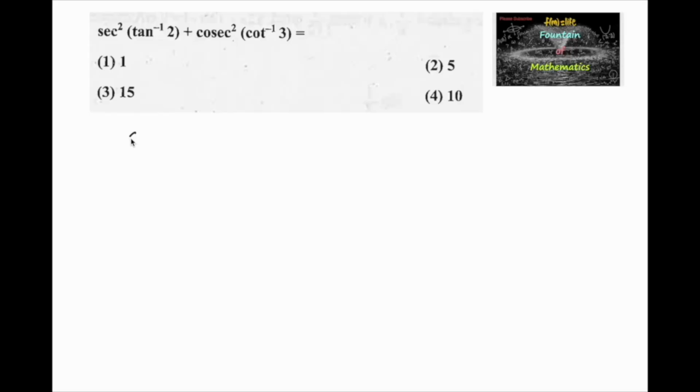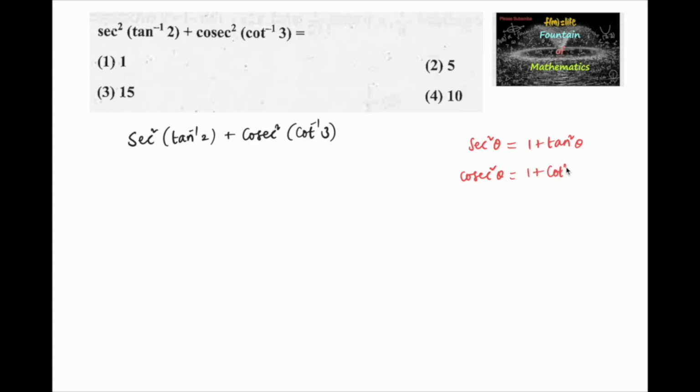So we need to find sec squared of tan inverse 2 plus cosec squared of cot inverse 3. And we know that sec squared theta is equal to 1 plus tan squared theta, and cosec squared theta is equal to 1 plus cot squared theta.